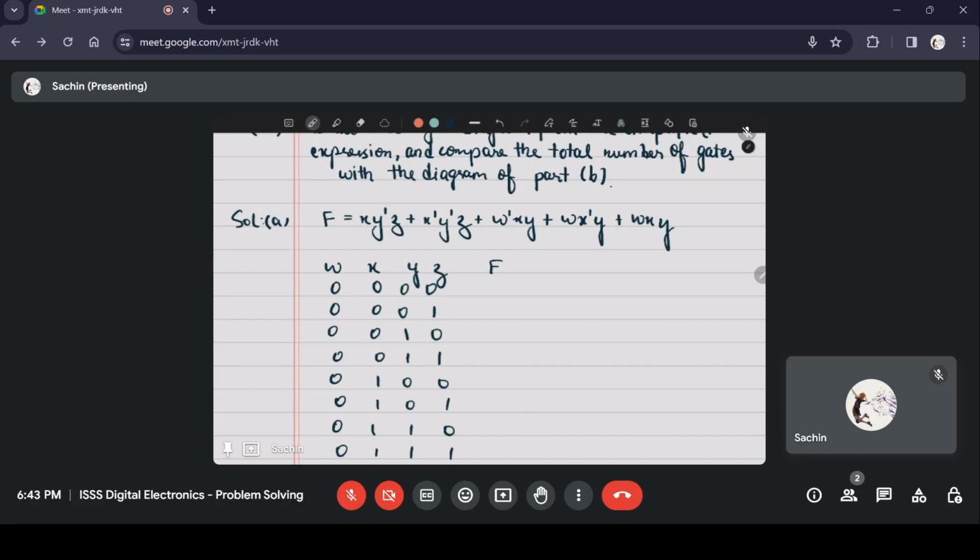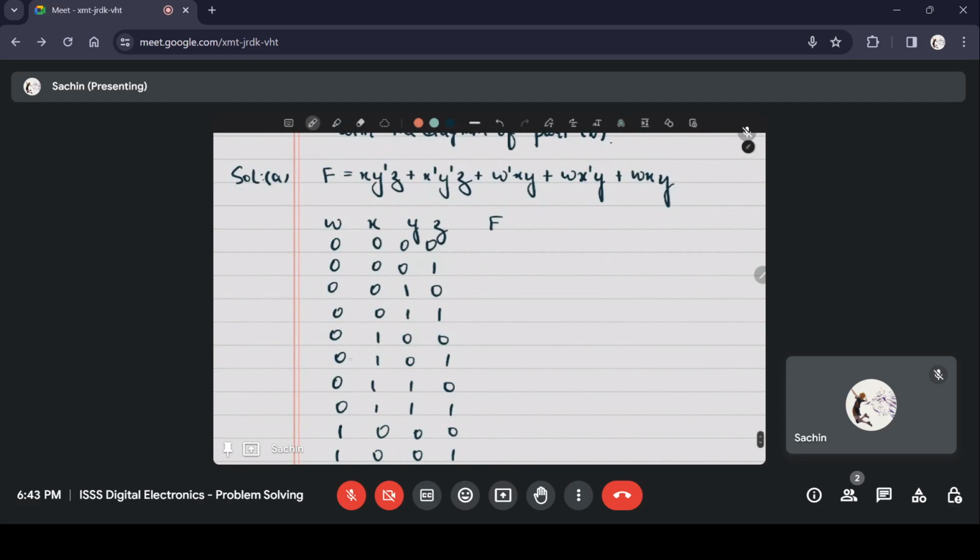So if for some input combination a single one of these terms becomes a 1, then since f is an ORing of all these terms, f will also be 1. If you look at the first term x y prime z, that will become a 1 if x is 1, y is 0 and z is 1. So for 0 1 0 1, x y prime z will be a 1, so f will be 1.